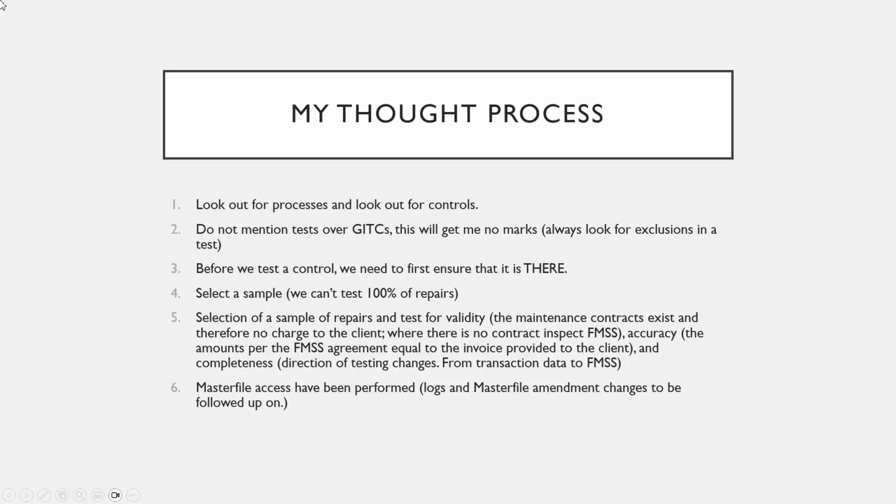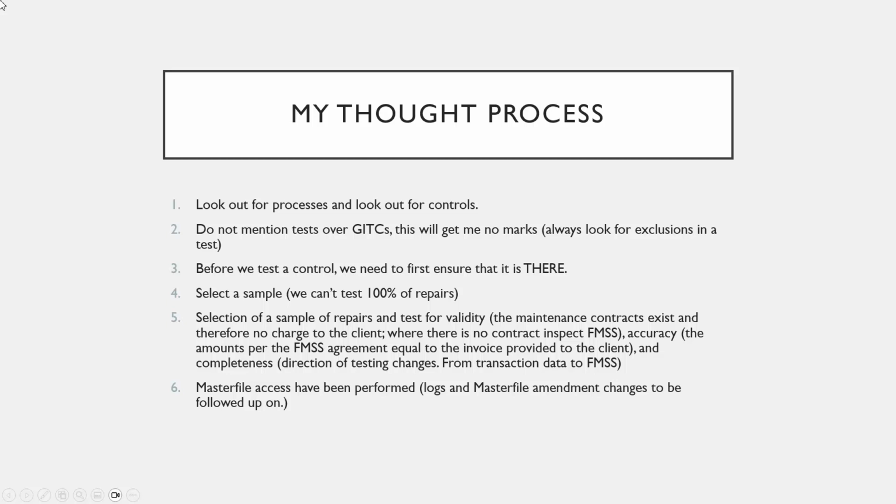That covers validity. How do we make sure all the information is accurate? We need to make sure the amounts per the FMSS agreement for the clients without maintenance contracts equal the invoice provided to the client. So we need to inspect the FMSS invoice and the agreement to ensure that the amounts correspond.